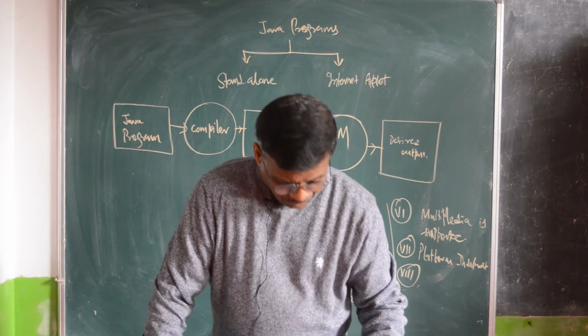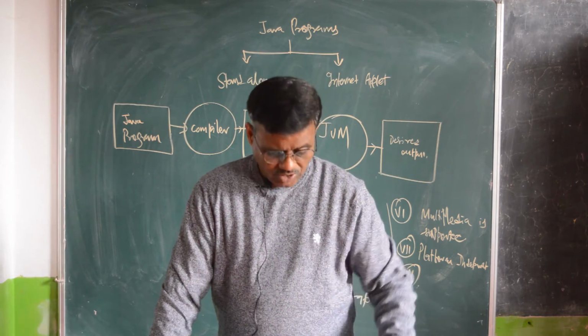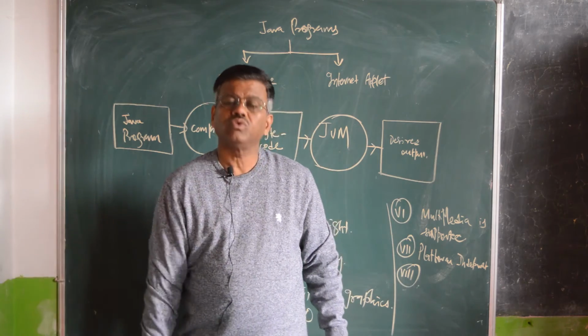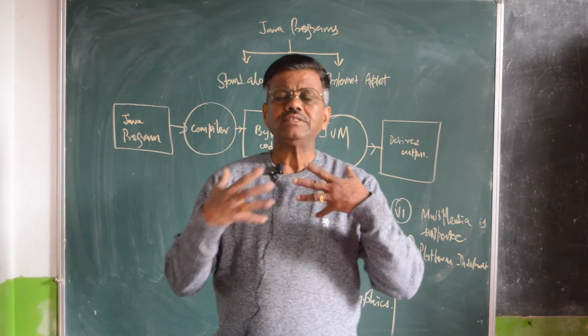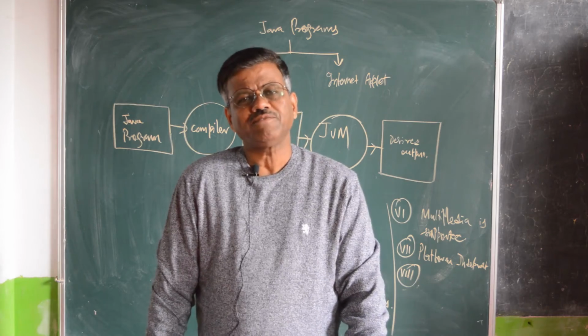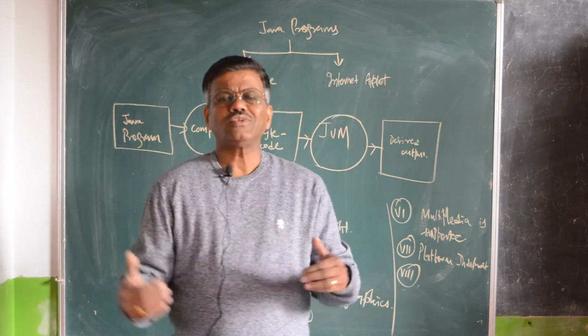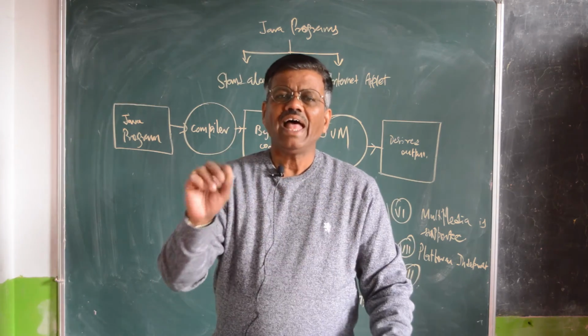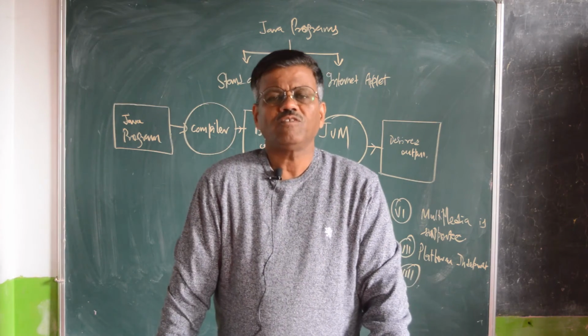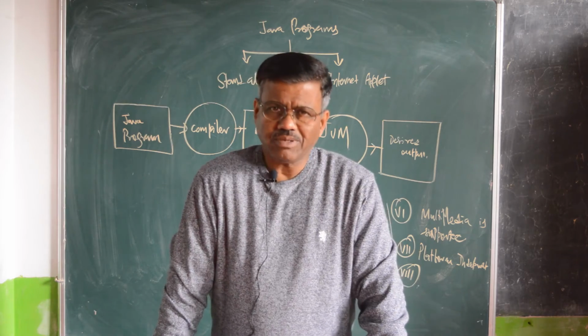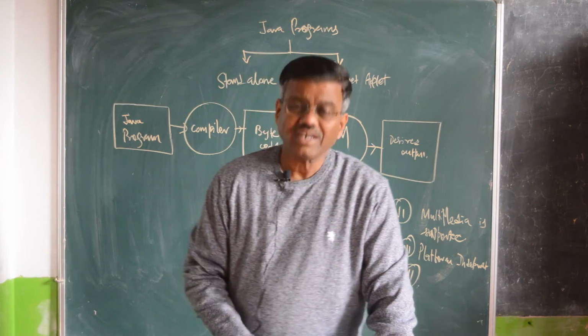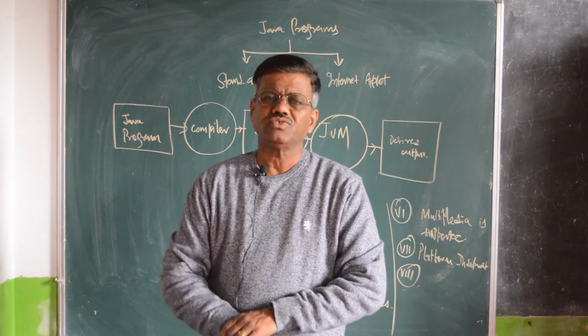Am I clear? Okay, before I go to the chapter, I'll give an intro. If you want to learn a new language, what would be the first class? The first class, the students are taught the alphabets of a language. Similarly, I am going to teach you the character set of Java.